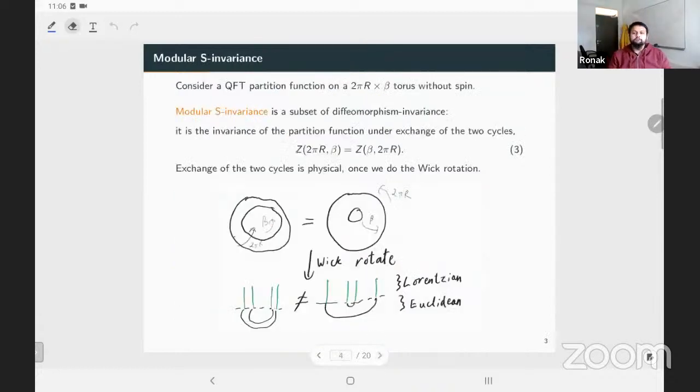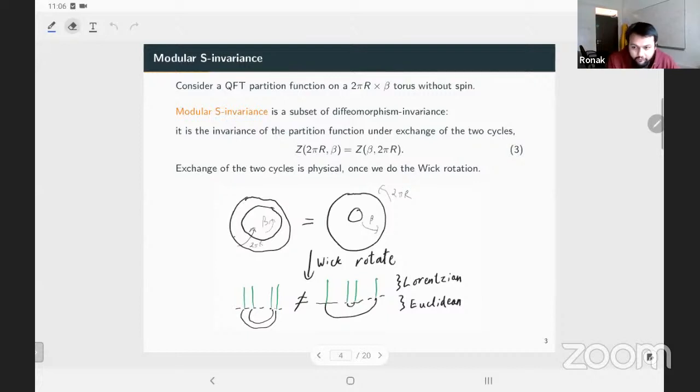So one of the main ingredients we will use is what's called modular S invariance. Consider a QFT partition function on a torus with no spin, whose spatial cycle has length 2 pi r and whose time cycle has length beta.